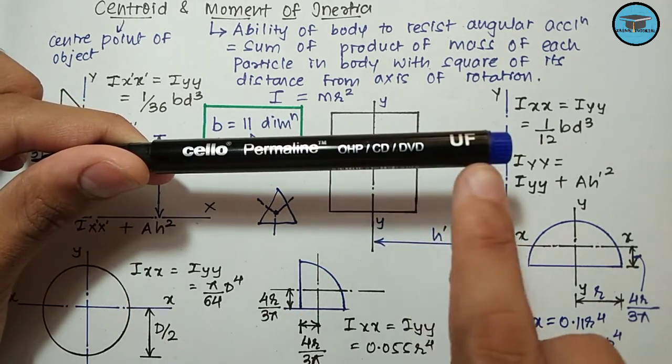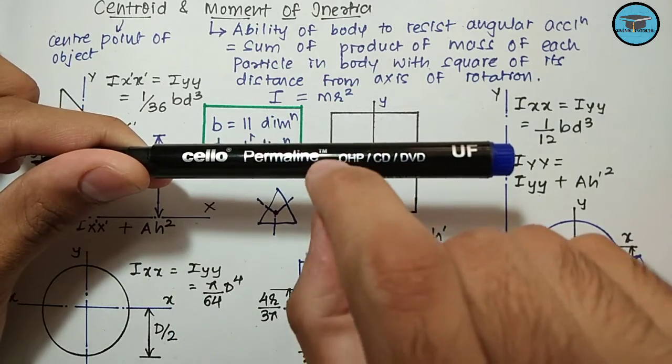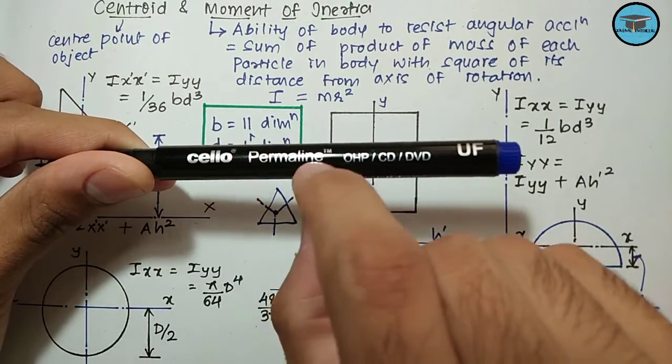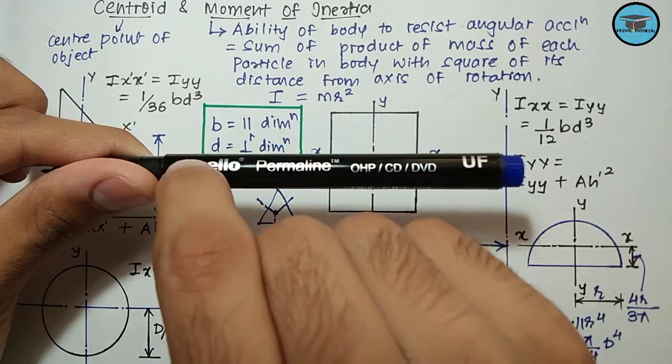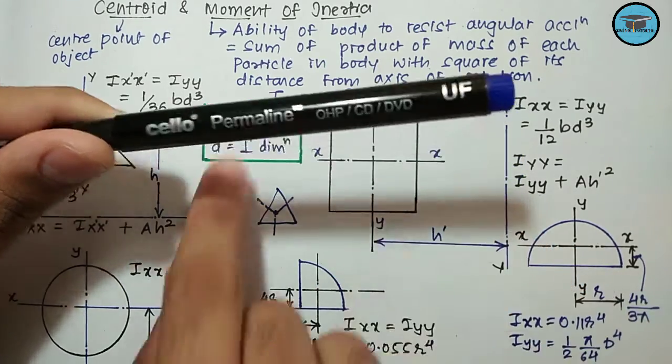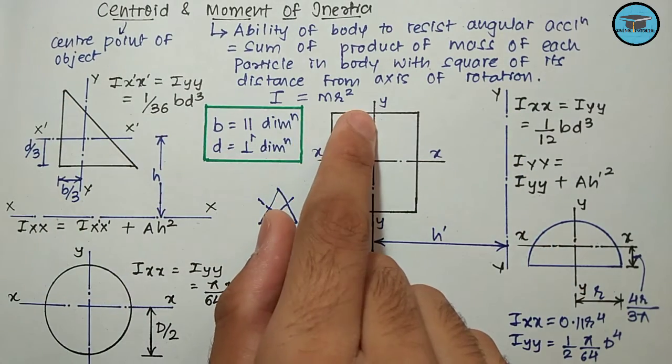That means this much distance is the distance of the particle from the axis of rotation. That means I equals sigma m r square.